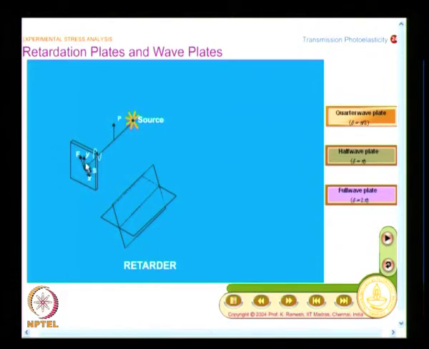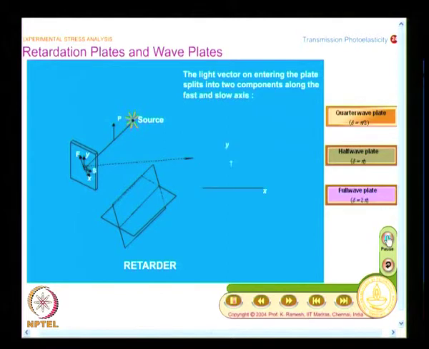As soon as it touches the front surface, it splits into two components, because within the crystal you will have two refracted beams, you are not going to have only one refracted ray, and these two refracted rays will have different amplitudes, which are shown, dictated by the angle theta.